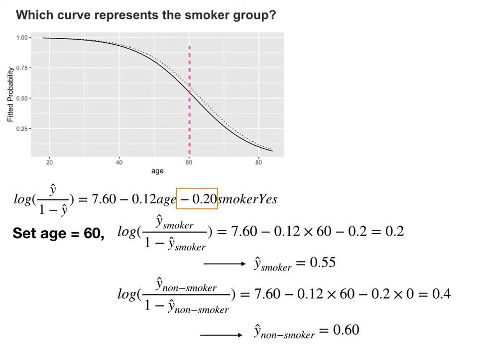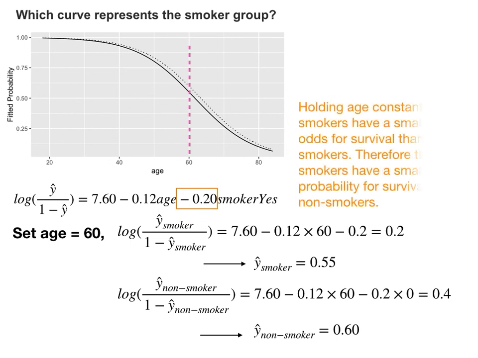We could also look at the coefficient of smoker yes. It's a negative coefficient, which tells us that when we hold age constant, smokers will always have a smaller log odds of survival than non-smokers. And remember previously we talked about odds, log odds, and probability going in the same direction.